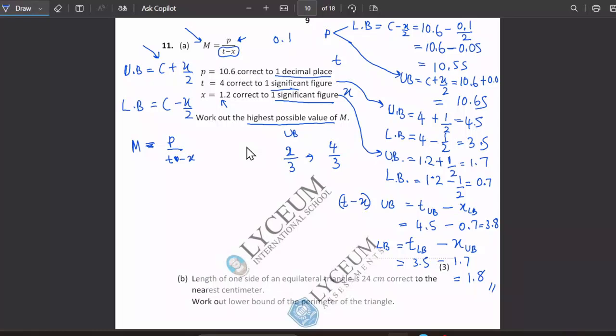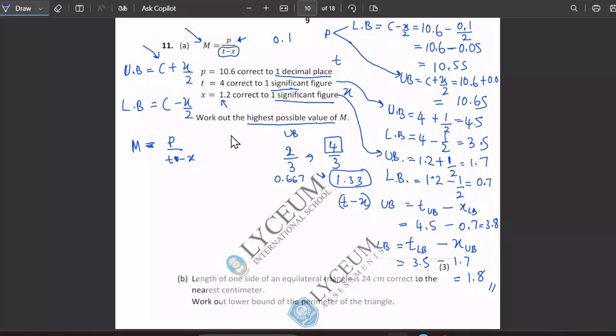First thing gives us 2 divided by 3, that's 0.667. And this thing gives us 4 divided by 3, it's 1.33. So this is larger, you can see. So when we are considering numerators, if we have the largest number in the numerator, we get the largest fraction.